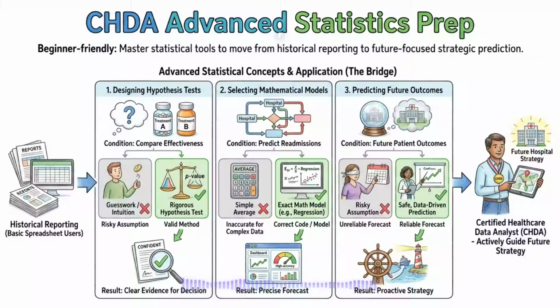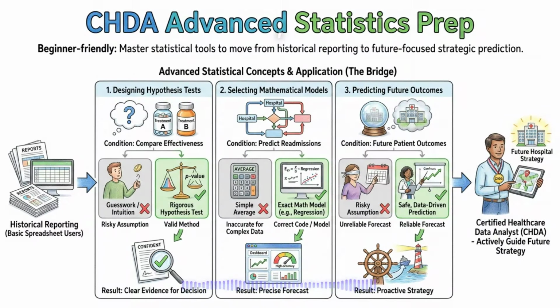By mastering all these advanced statistical concepts, you transition from simply reporting historical facts to actively guiding the future strategy of the entire hospital. You now know how to design a rigorous hypothesis test, select the exact right mathematical model, and safely predict future patient outcomes.